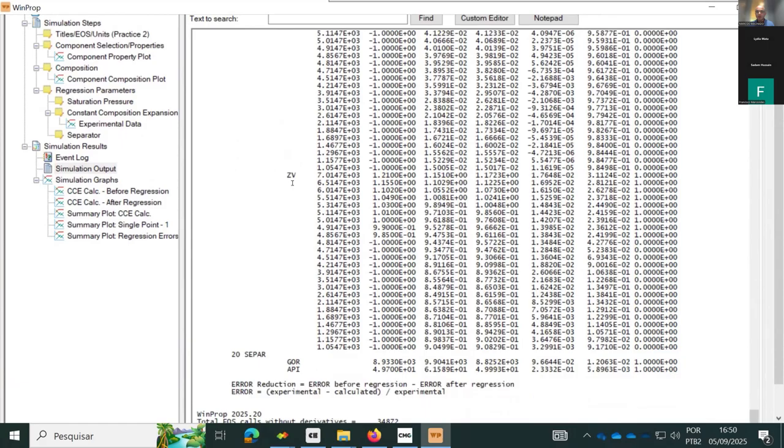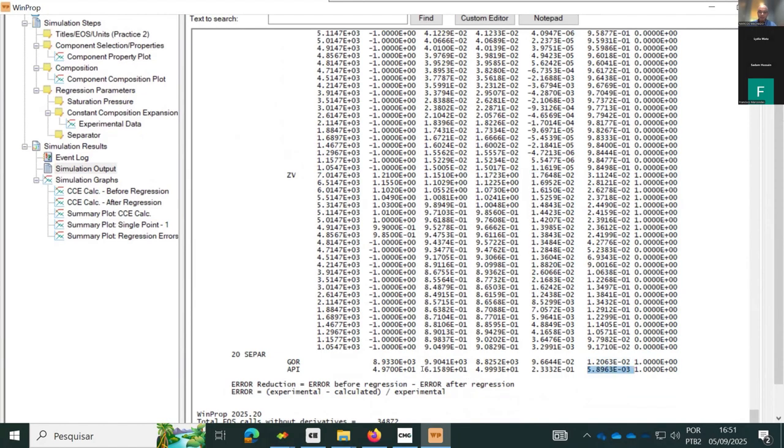We don't have viscosity. And for Z, take a look. That deviation looks like a big deviation, but in terms of error, the deviation is lower than 3%. So, in other words, you can consider this as matched. I think the separator pressure for GOR we have 1% of error, and for API, take a look.